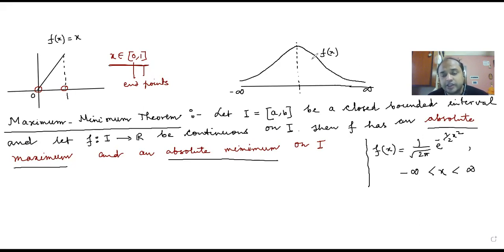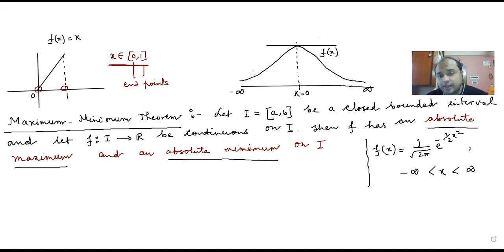In this function, only one maximum point occurs, at x equal to 0. This x equal to 0 is an interior point of the function, and at this point you can easily see from the diagram that a tangent parallel to the x-axis exists. So obviously f dash 0 equals 0.